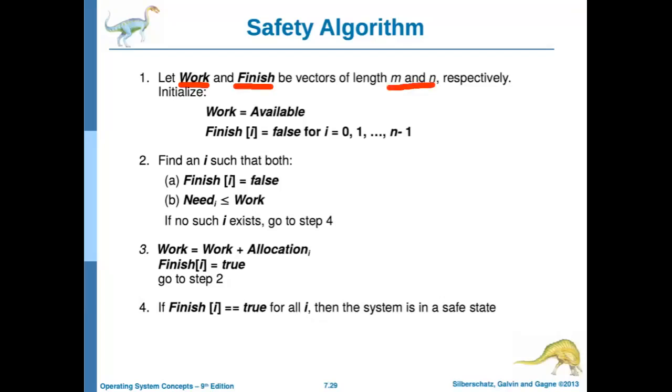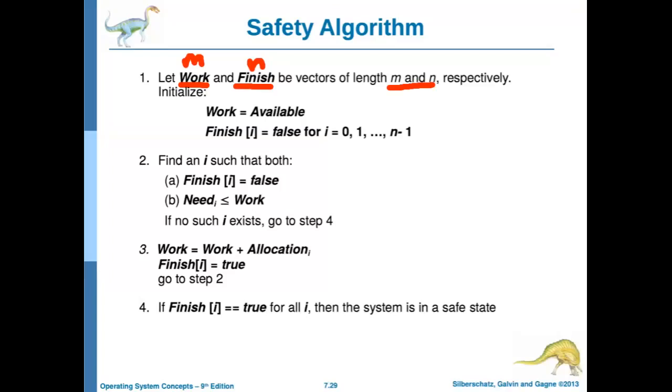So remember, work is of size m and finish is of size n. As I already mentioned, because work deals with m, it is utilized for resource types, and finish, because it works with n, is for processes.